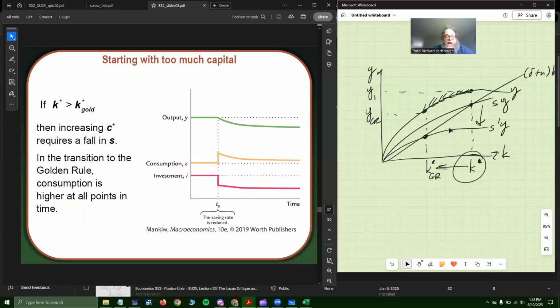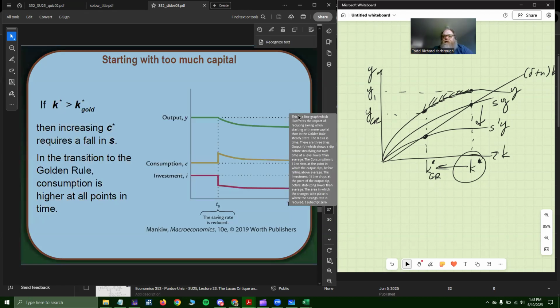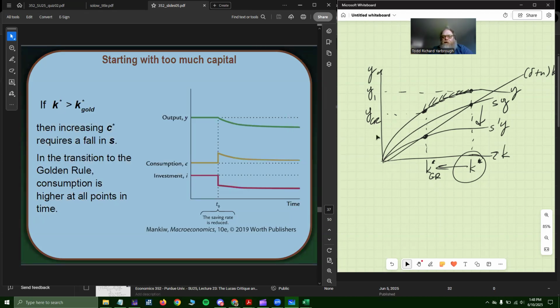Now, look over here to the left and look at output. You can see the dynamic path is that at the moment in which we reduce the savings rate to achieve golden rule, we expect output to steadily decline. And of course, by the time we get to the golden rule level of output, we will have reached lower output, right?